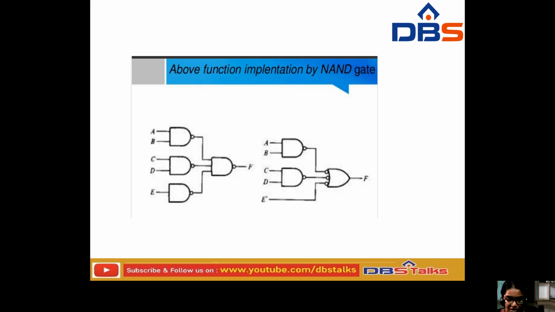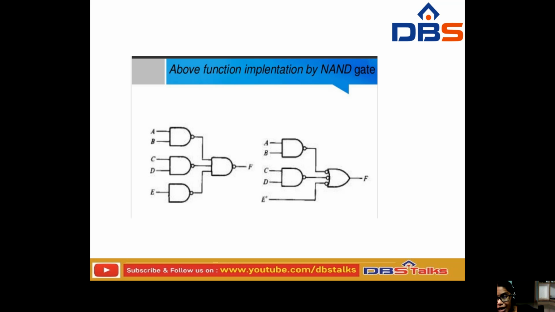If it is the sum of products, then it will be easy to find the solution, so that may not be a difficult task to perform here. By simply observing these things, this can be implemented by using the NAND gate.